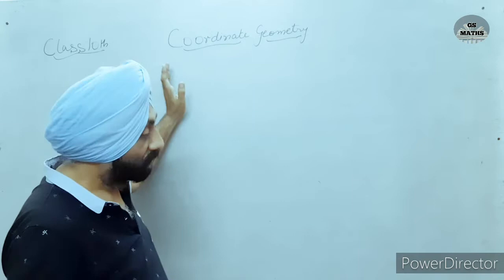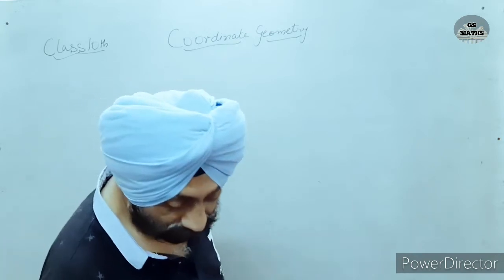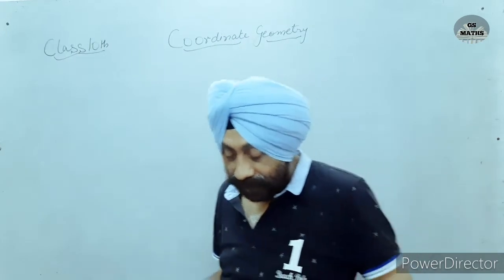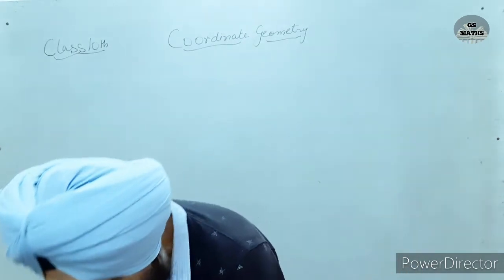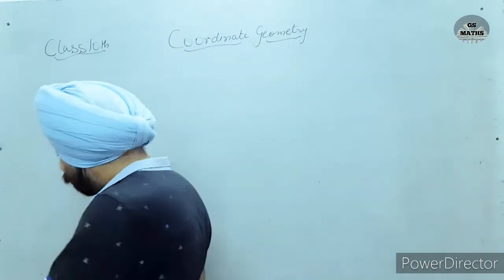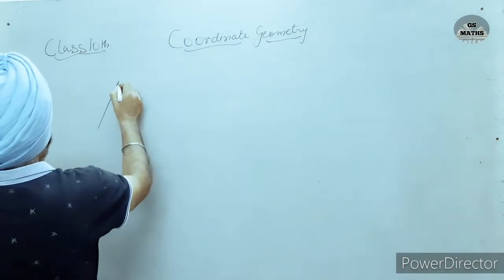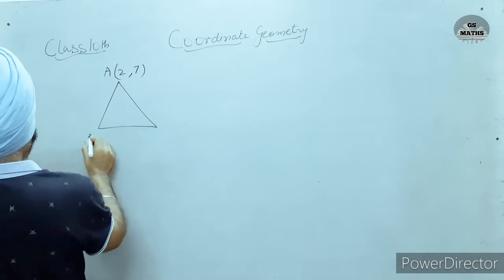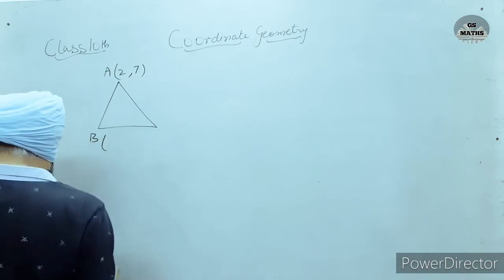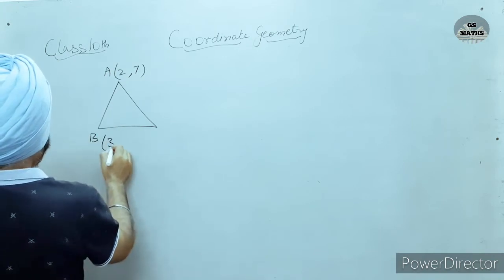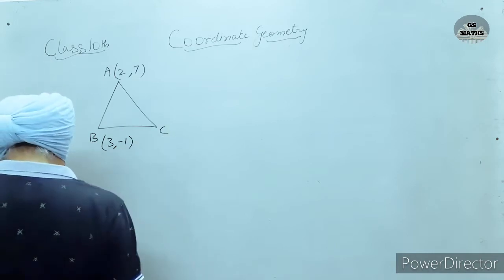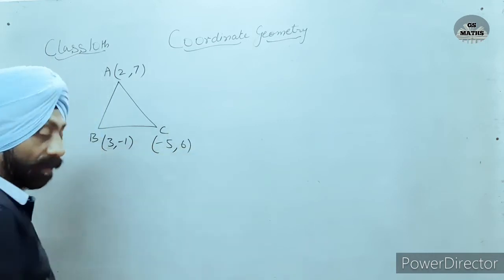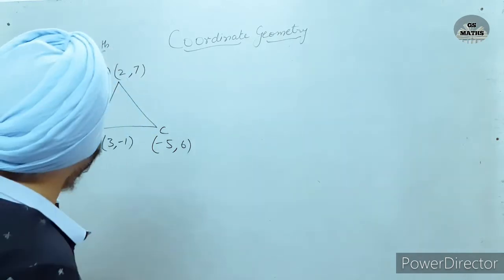Now question number 1: find the area of the triangle with vertices A as 2, 7, B vertex is 3, minus 1 and C vertex is minus 5, 6. I have to find the area of this triangle.